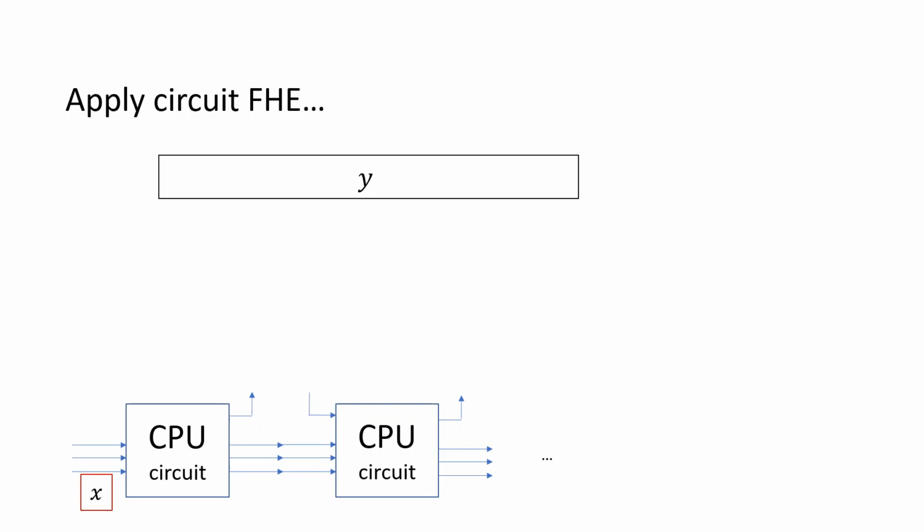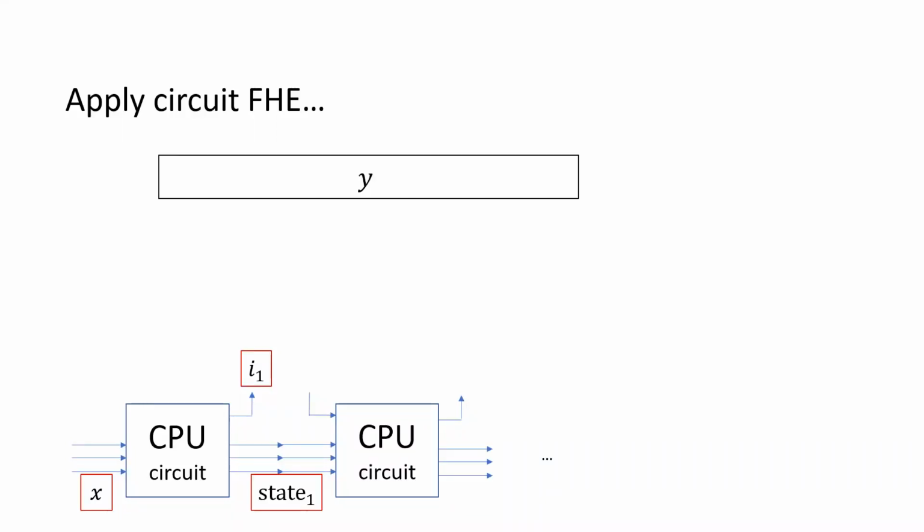So our first attempt is just to apply standard circuit FHE on this CPU step circuit and obtain an encryption of the location. So that's the standard circuit FHE, right? You take input encrypted, you output whatever output encrypted.